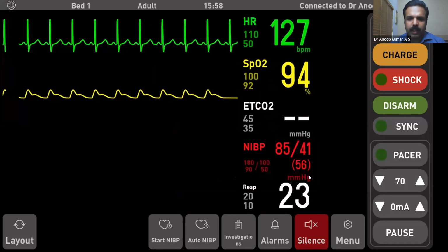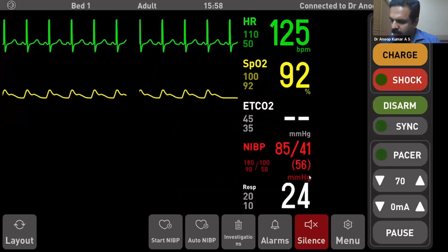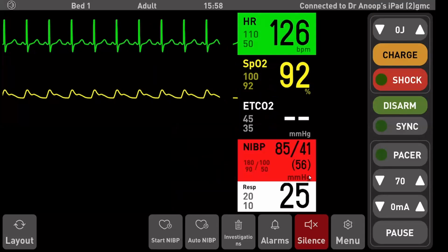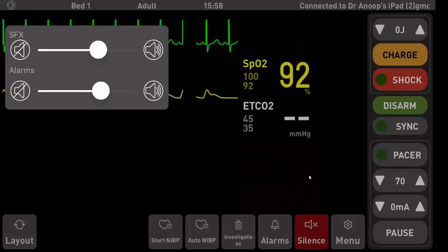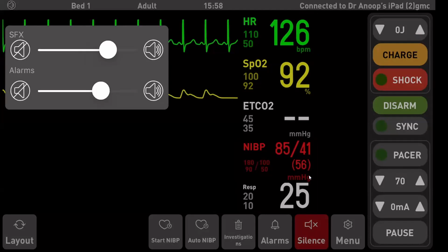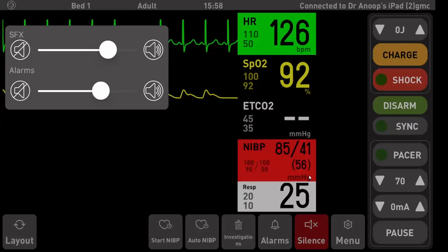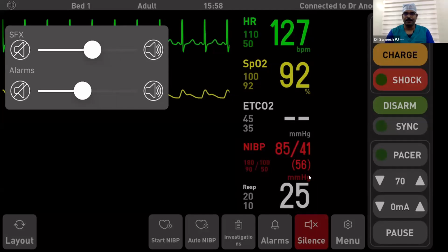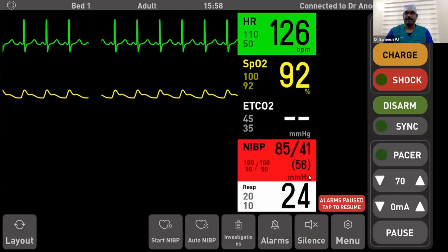Yes, sir, I can see. Okay, so these are the vitals. It's connected. So the patient is in the emergency room. You can start managing the case.